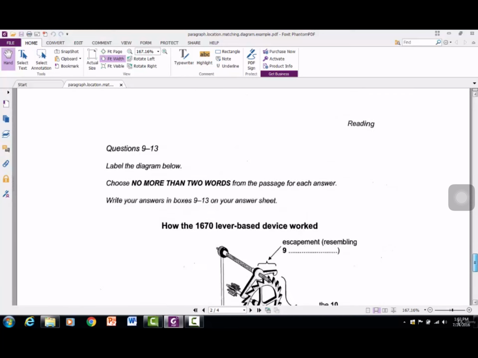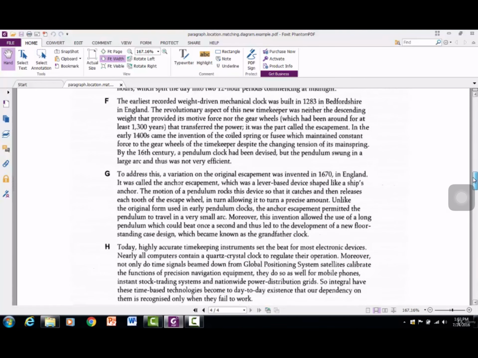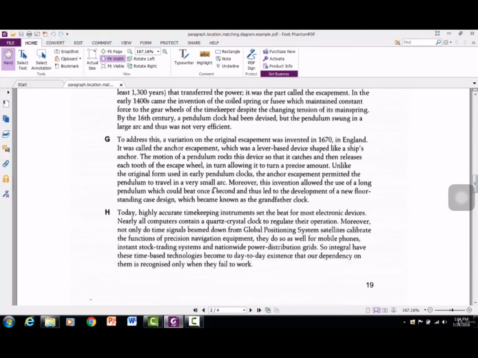All right, and we have one more. We have 12 and 13. We're looking for a sentence that talks about which beats each. I'm going to focus on that language, which beats each. We're scanning through.